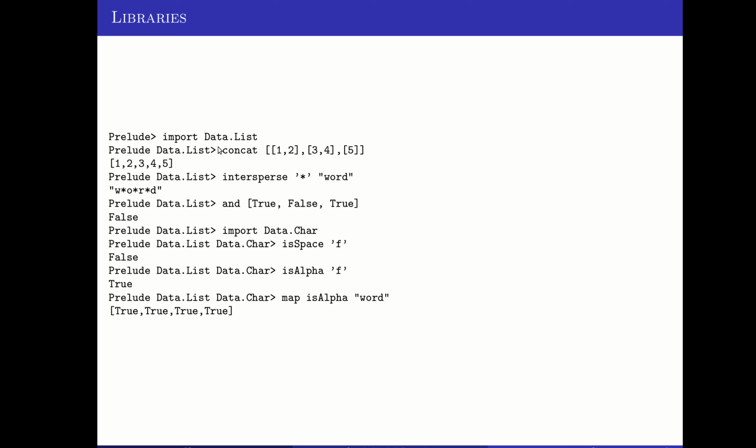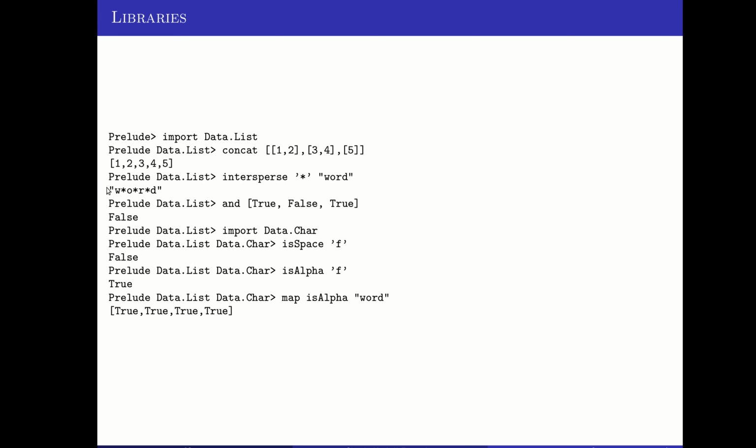So here we can use the built-in concatenate function that will take a list of lists and give you out a single list. Here's an interesting one called intersperse, which will take some list, like a string, which is a list of characters, and insert some item in between every item from the original list.